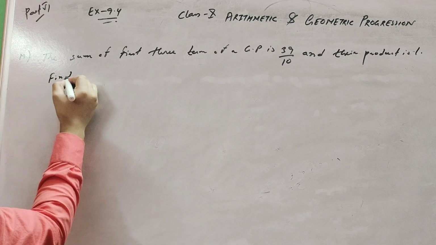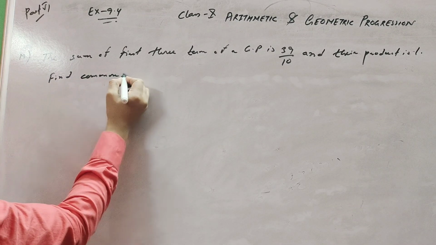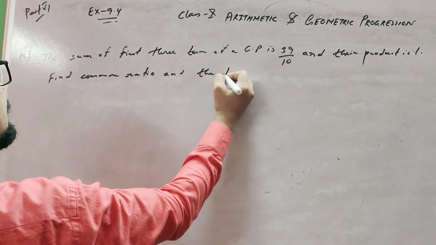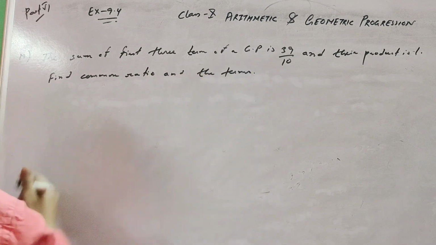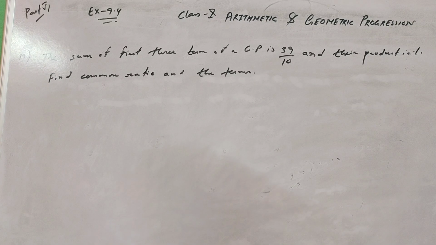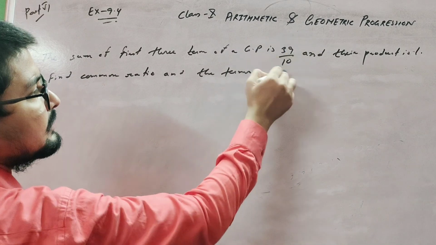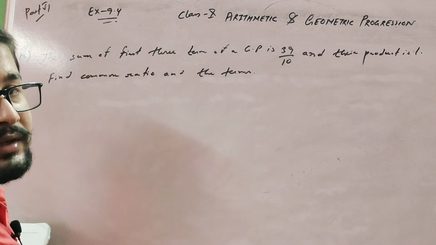Find the common ratio and the terms. The sum of the first three numbers of a GP is 39 by 10 and their product is 1.